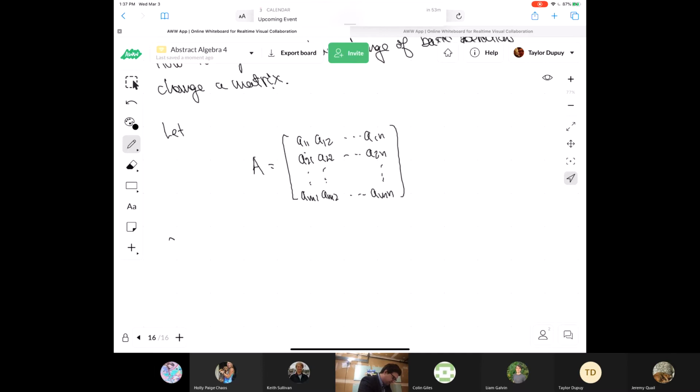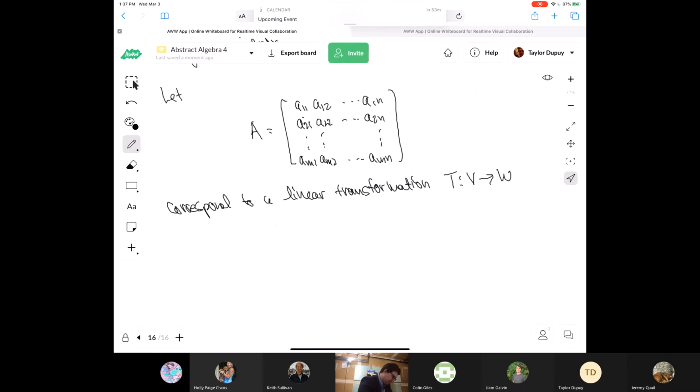Let this correspond to a linear transformation T from V to W, where V has basis V1 through Vn, and big W has basis W1 through Wm.